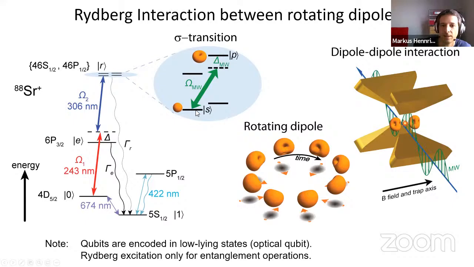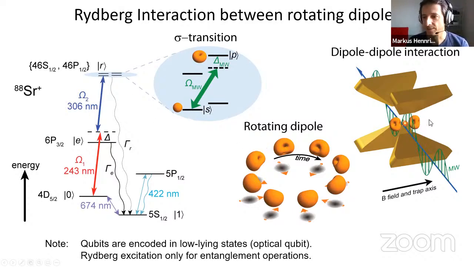So we couple an S state with a P state, and due to the quantization axis, the B field is along the trap axis, and the microwave field is perpendicular to that. We drive sigma transitions between these individual Zeeman levels. We then couple these two levels here, and we excite to these Rydberg levels.